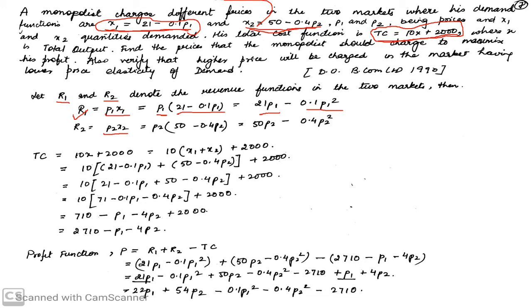X2 is 50 minus 0.4 p2, we multiply it by p2, and we get 50 p2 minus 0.4 p2 square.